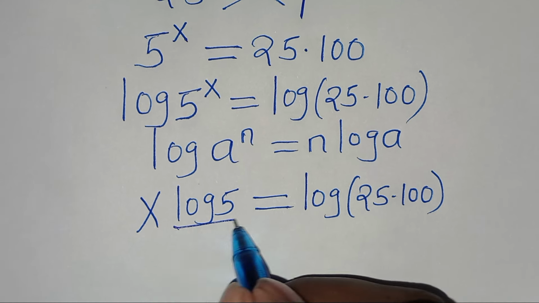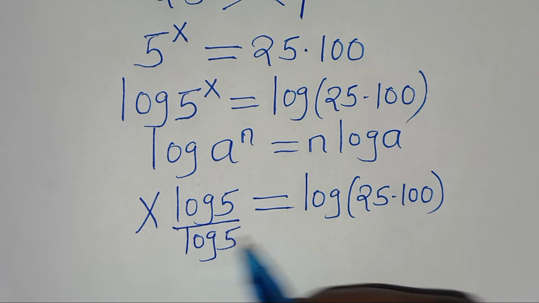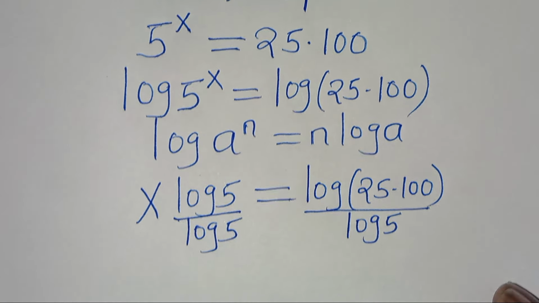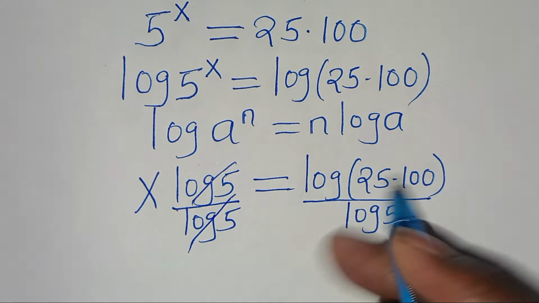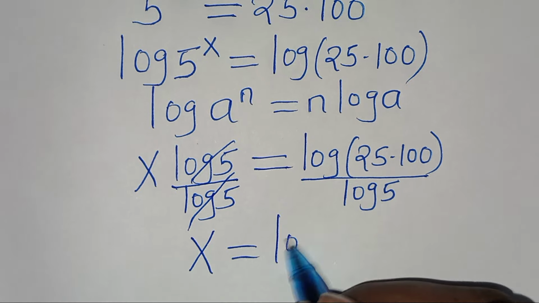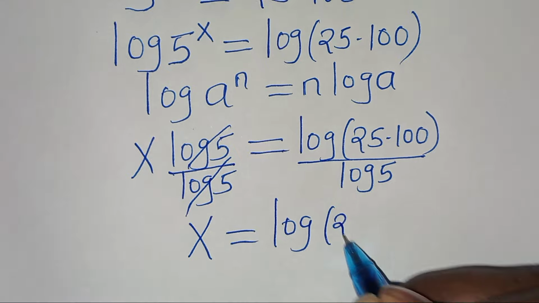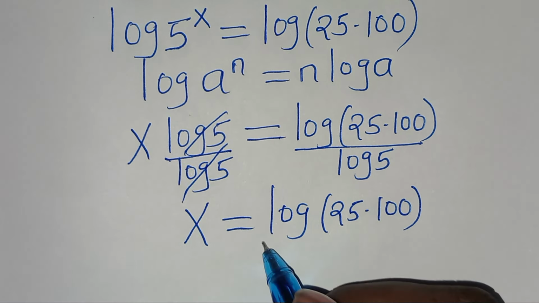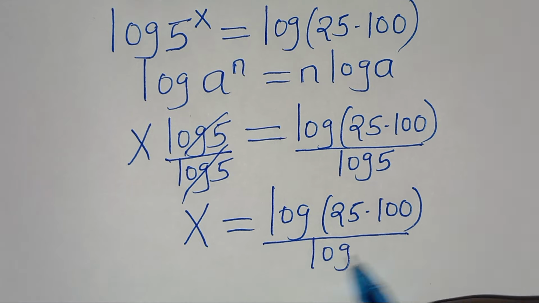So let's divide here by log 5, and also here we have log 5. Let's simplify log 5 and log 5 here, so that now x is equal to log 25 multiplied by 100, then divided by log 5.